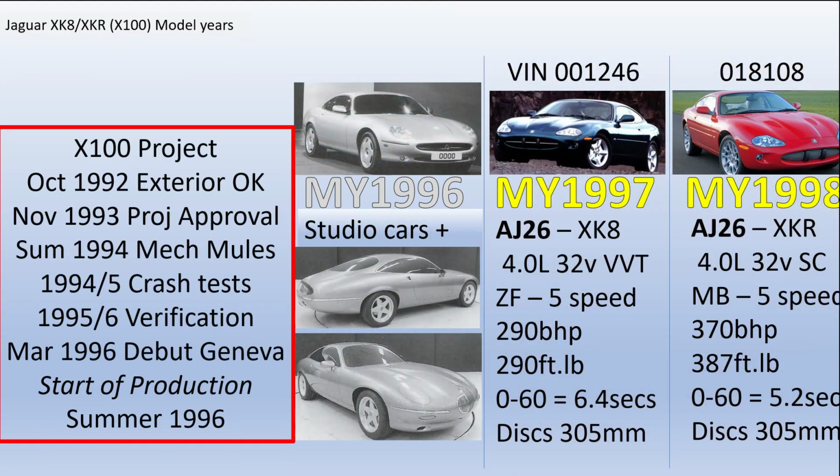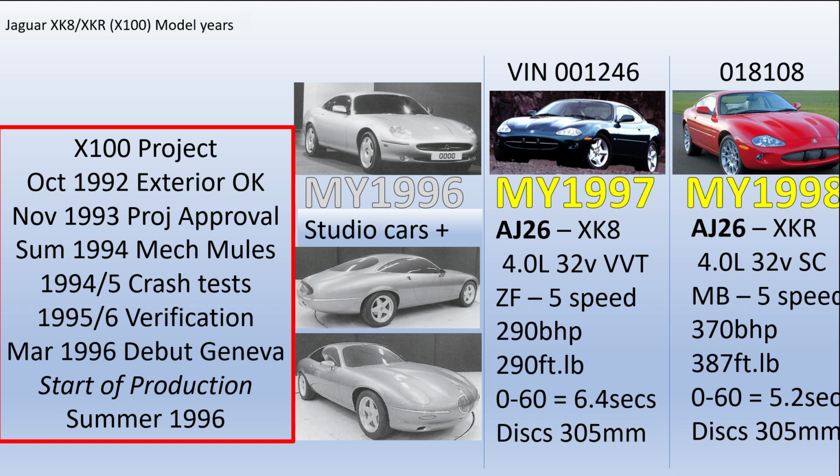Moving on then to the start of the XK8, let me talk a little bit about the project, the clays and the models. The XK8 project exterior was approved in October 1992. The project didn't get approval until November 1993, when Ford approved the finance. In the summer of 1994, mechanical mules were used to test the new engine and the new technology.